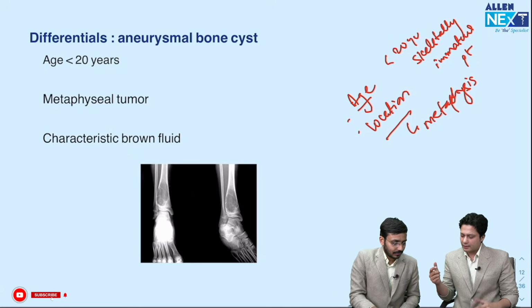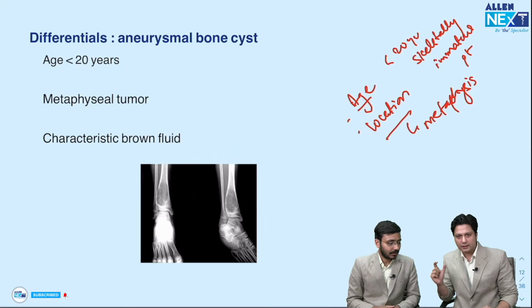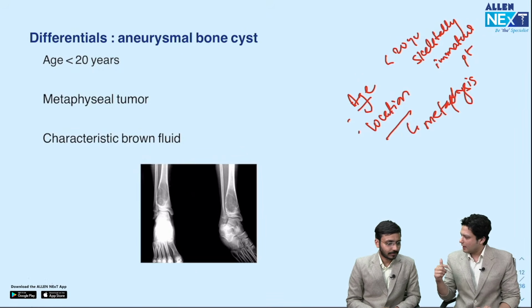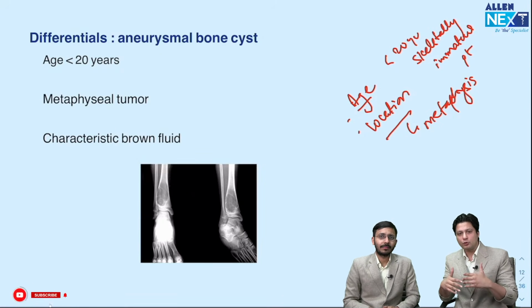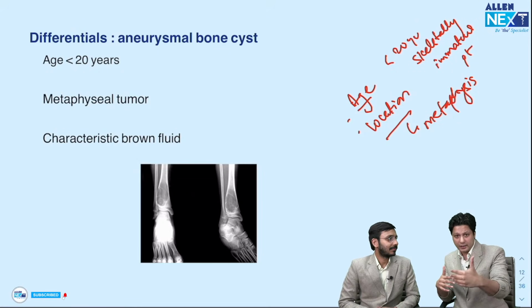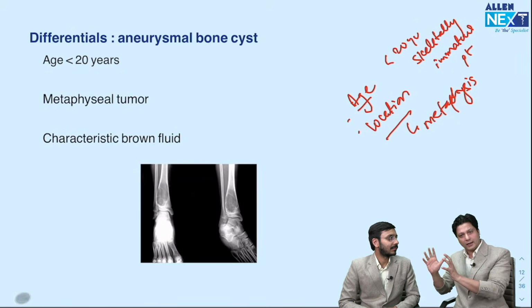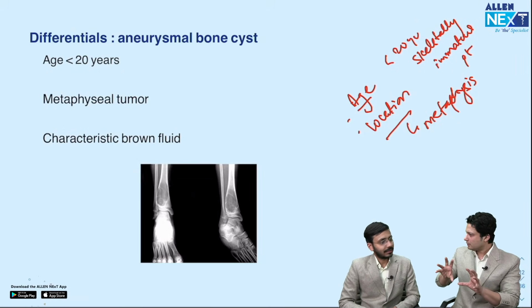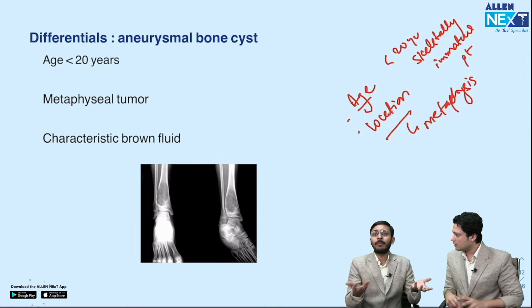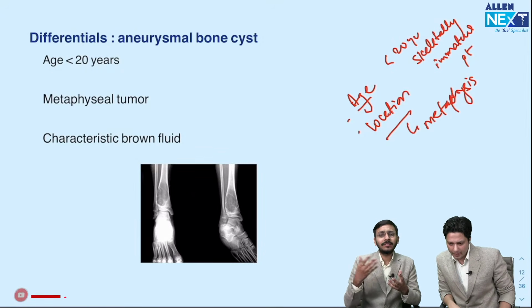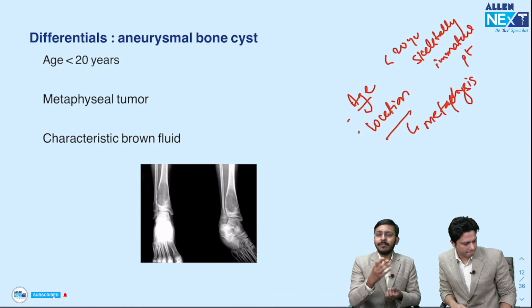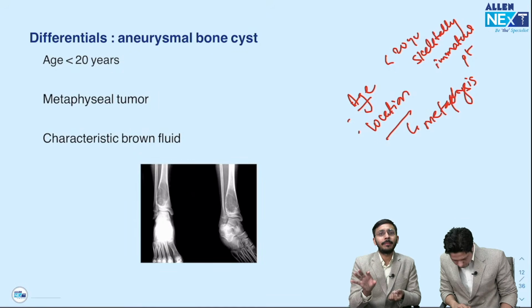One more thing, sir, if I'm not wrong, GCT lesions are known by the soap bubble appearance and aneurysmal bone cysts by the honeycomb appearance. But frankly, for the purpose of identification, we don't try to correlate it with a soap bubble. Right, sir. Very well said, sir. Very important point for you to remember, because in today's era, the questions that are coming won't mention honeycomb or soap bubble appearance.